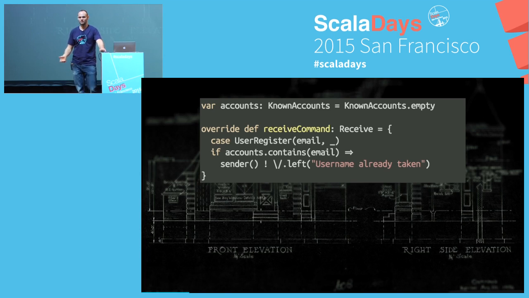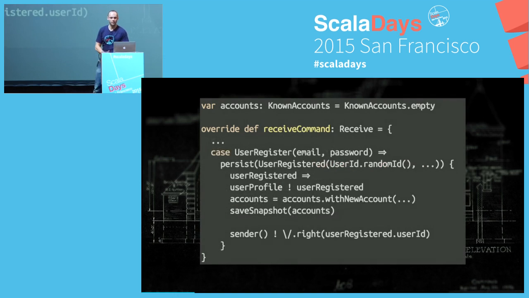Well, in that case, I already have that username, right? And so the only appropriate response is a value on the left that says username already taken. So this will result in an HTTP 400 bad request. You're sending me something that I cannot fulfill.